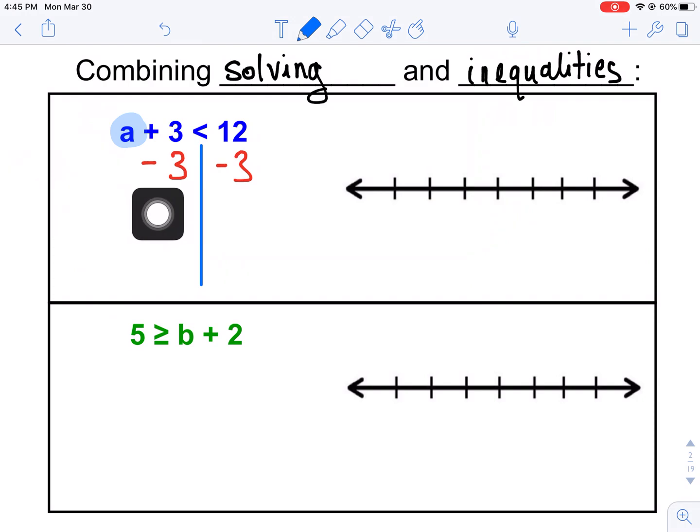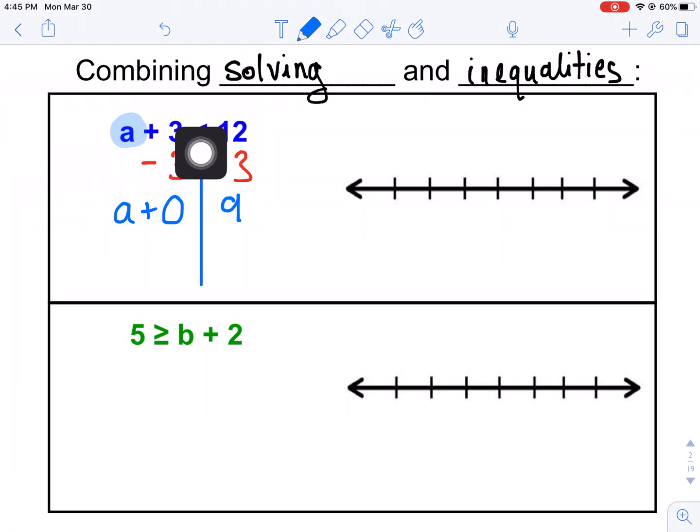And if we do minus 3 on the left side, we also need to do minus 3 to the right side. So we have positive 3 minus 3 gives us 0. So we have A plus 0. And on the right side, we have 12 minus 3, which is 9.